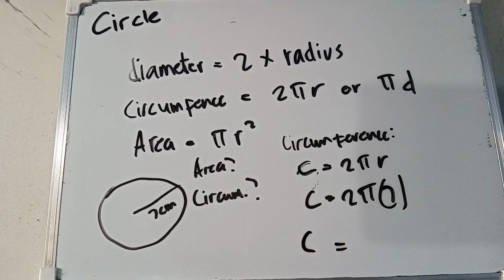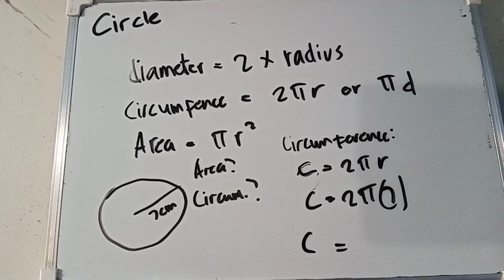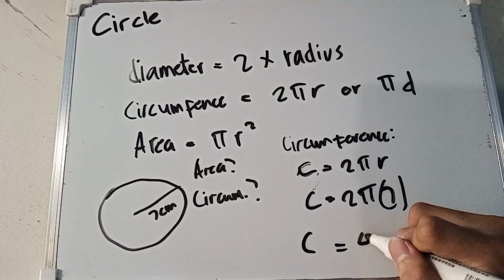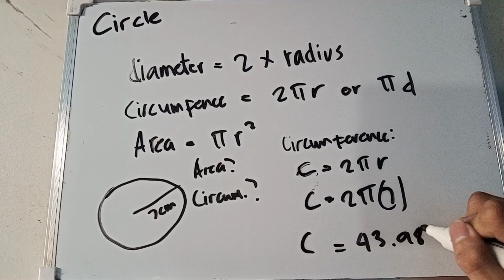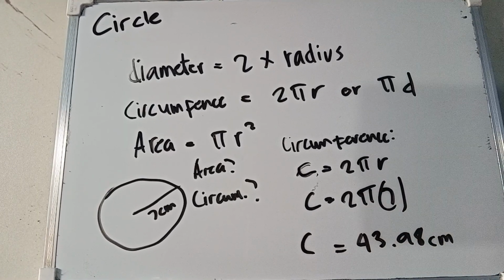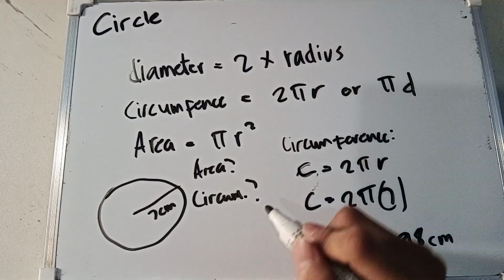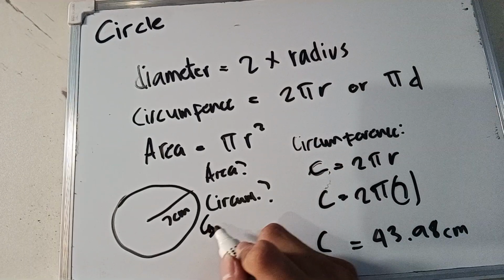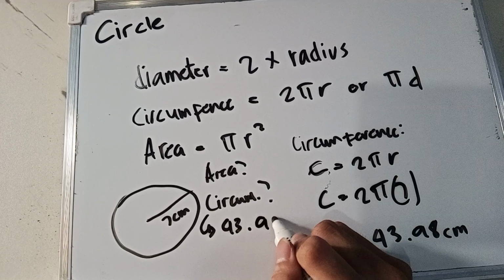Now if we solve it on our calculator, we will get 14 pi, or 43.98 centimeters. So the circumference is 43.98.